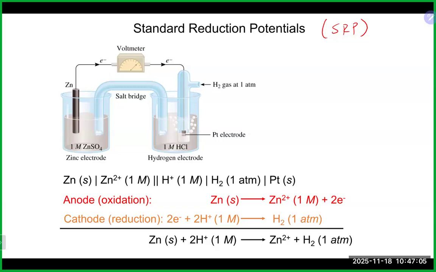So if we look at zinc here, in this case, zinc is our anode, and hydrogen is actually our cathode. And we can see here, if we look at our cell diagram, this is our zinc going from 0 to +2 being oxidized. This is our hydrogen going from +1 to 0, which is being reduced in this case.